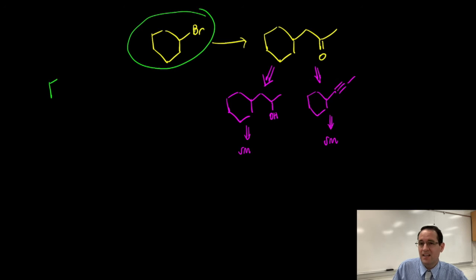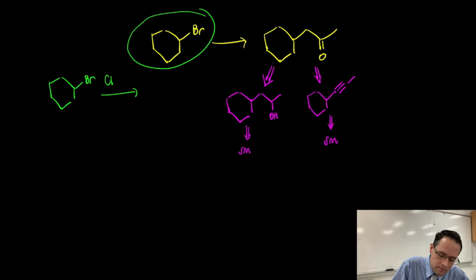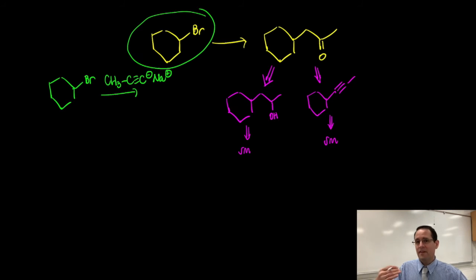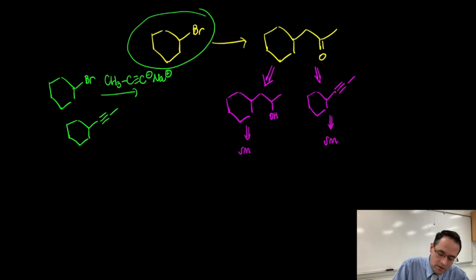So remember that alkyl halides contain a halogen, which is a good leaving group, and we can treat that with acetylides to increase the number of carbon atoms. So if we have this acetylide, remember that the terminus of that triple bond, that carbon atom, is going to attack this carbon and kick off the bromide, and that's going to give us a molecule with 3 more carbon atoms.